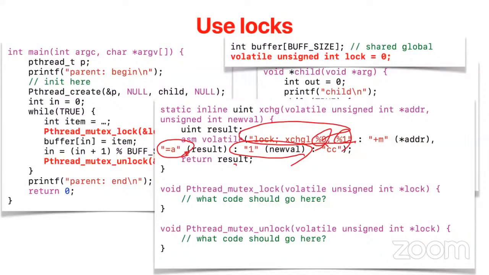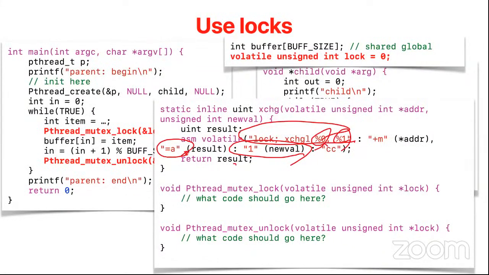When we try to set the value equal to 1 and we change the value, it will return 1 to the caller. Otherwise, it will return 0, or the other way around. So in this way, if you are the one who gets to change the value, you grab the lock.